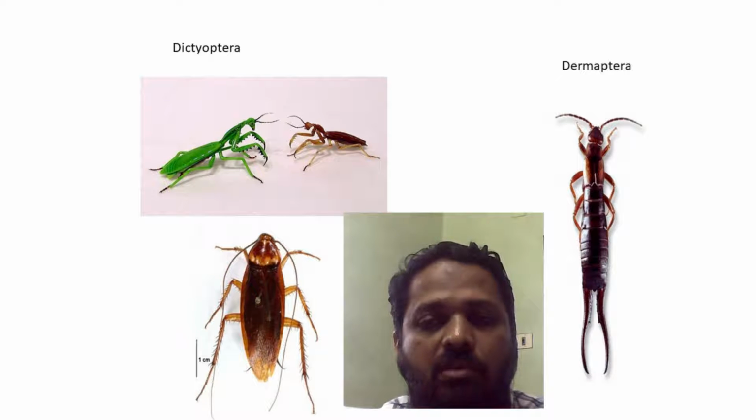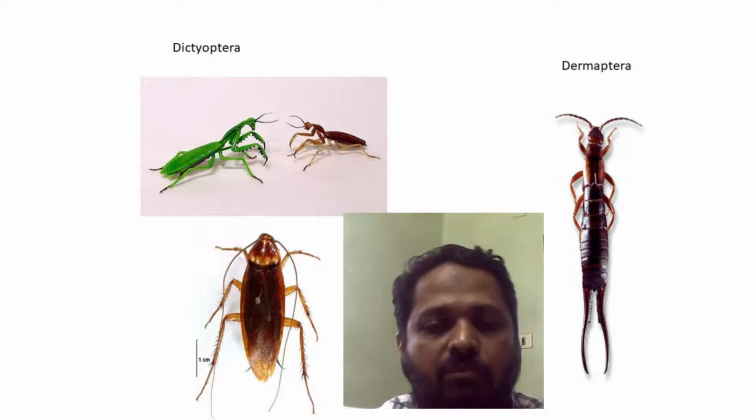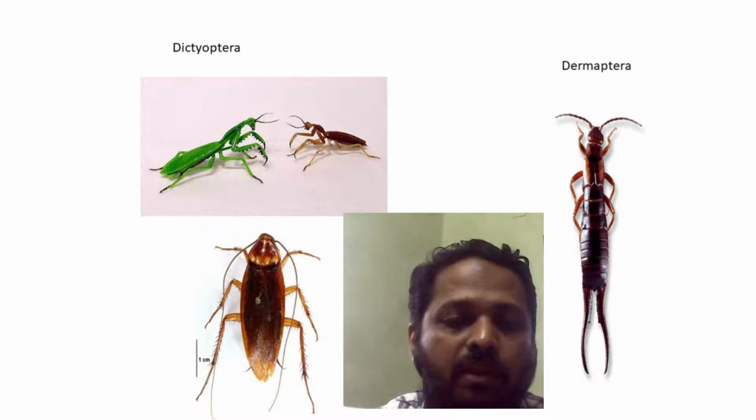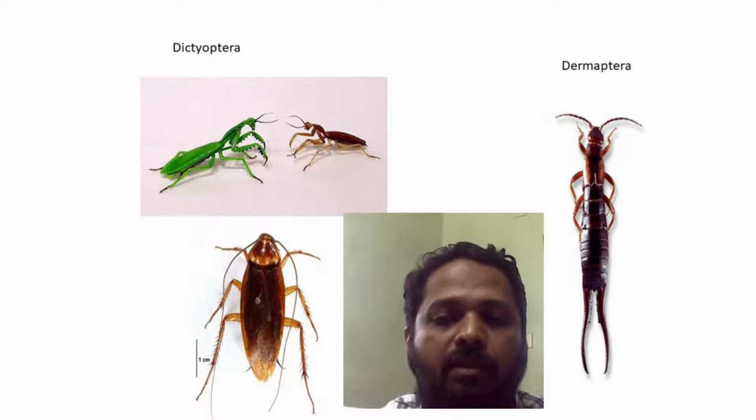That is why we call them omnivorous, both vegetarian and non-vegetarian feeders. Metamorphosis is gradual, and the forelegs are large for grasping, as found in the mantis shown in this picture.